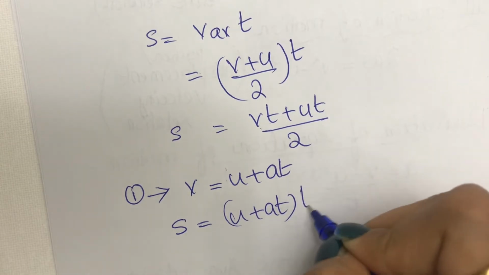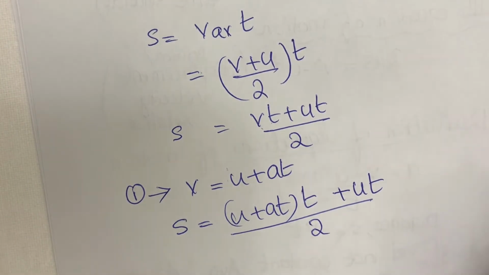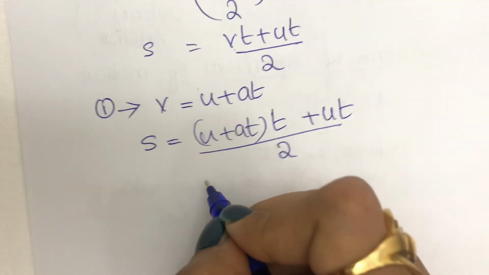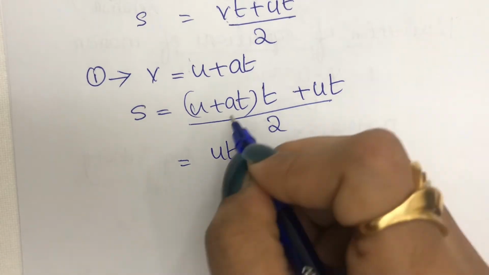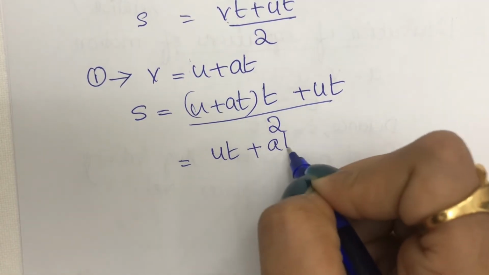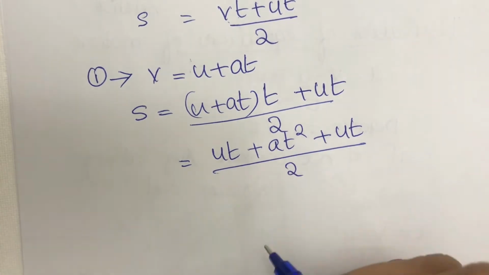Then s = ((u + at)t + ut) by 2. Opening the bracket: ut plus at square plus ut, by 2.